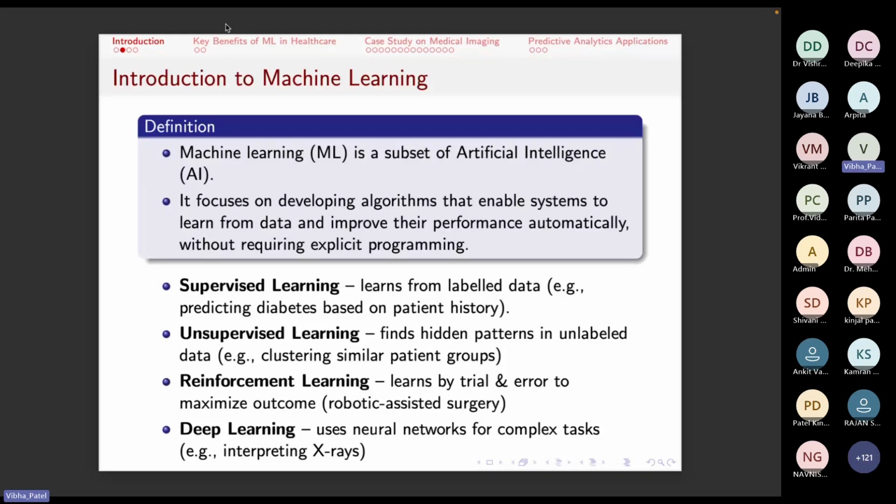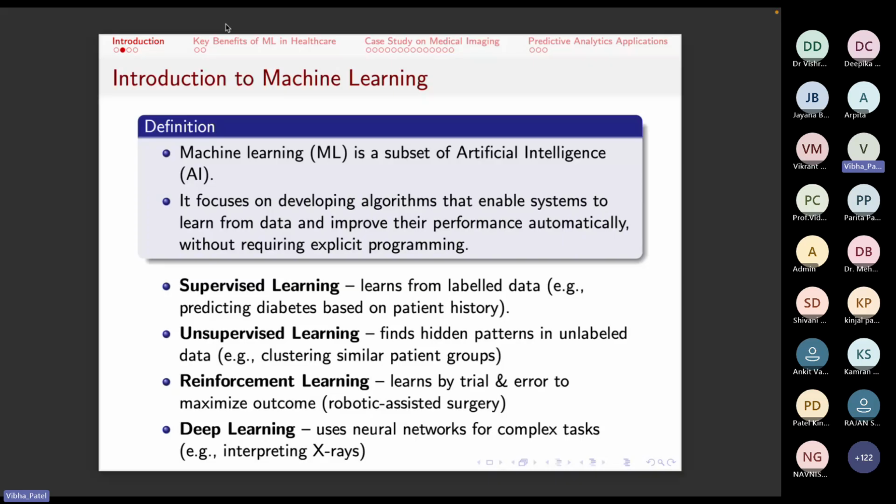Now, what does machine learning do? It specifically focuses on developing algorithms that enable systems to learn from data and gradually improve performance based on the feedback that has been provided to the learning environment.